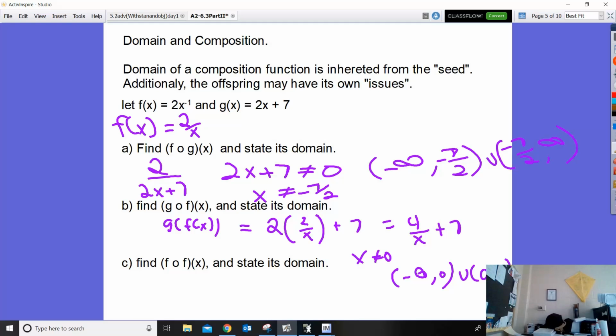All right, the last one, kind of an interesting one. It's f of f of x. Everywhere I see an x in f, I replace it with 2 over x. So I have 2 over, there's the x, 2 over x. That's what it looks like on the setup. How do you divide by a fraction? Multiply by the reciprocal.